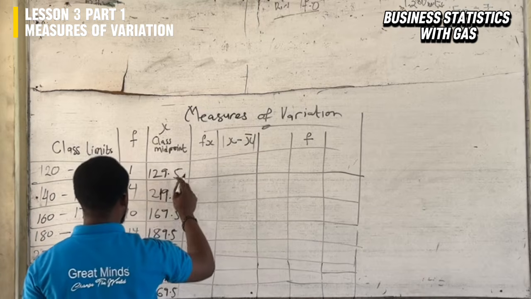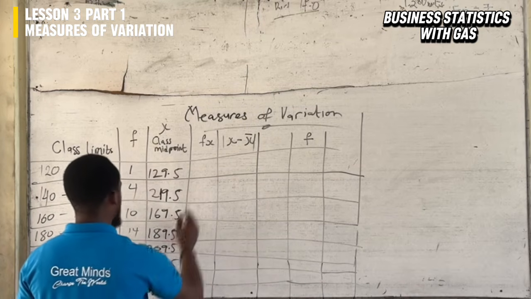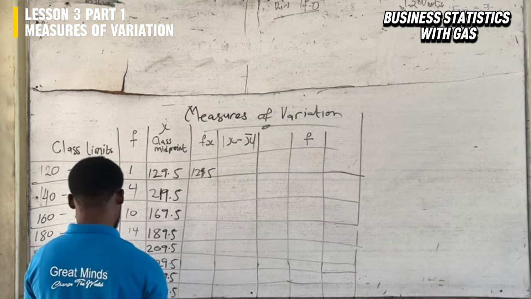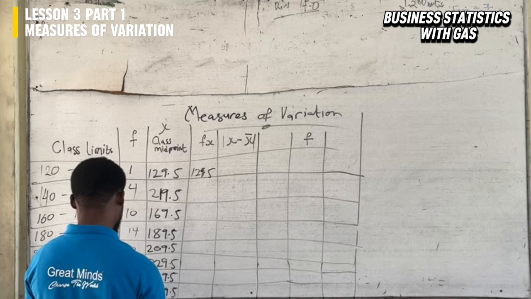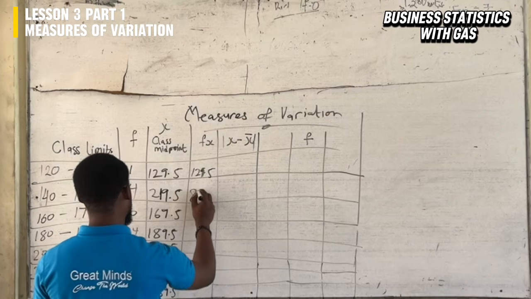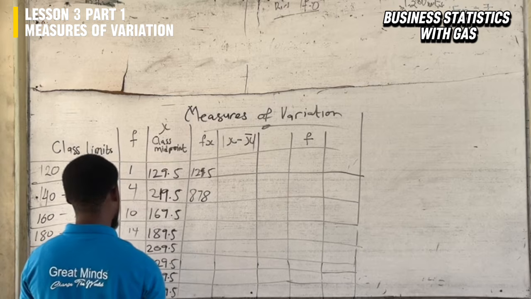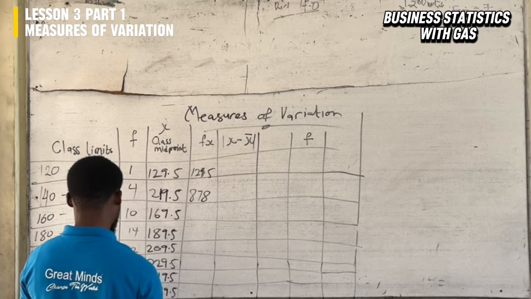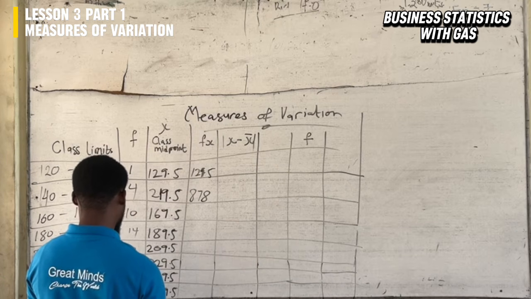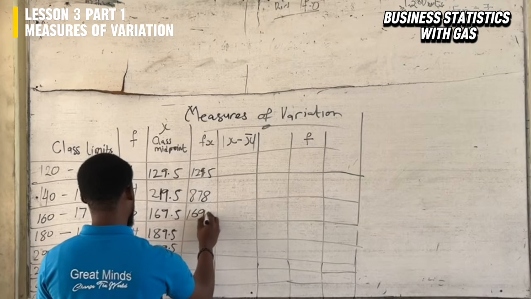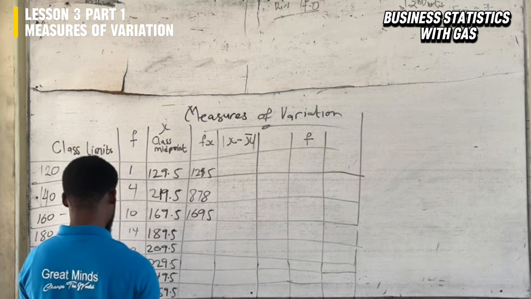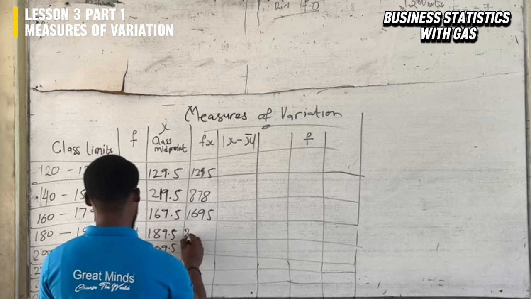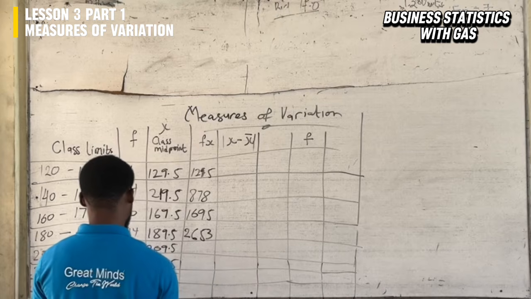So when you multiply 1 by 129.5, you get 129.5. When you multiply 4 by 219.5, you are getting 878. We multiply 10 by 169.5, you are getting 1695. We multiply 14 by 189.5, you are getting 2653.